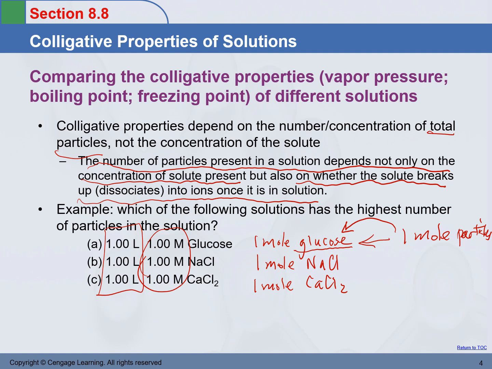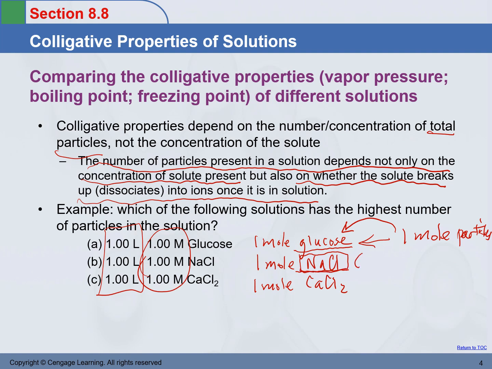In the case of sodium chloride, we might not have talked about that yet, but let's make this clear to you at this moment. Sodium chloride is an ionic compound. When an ionic compound is dissolved in water, it breaks into ions. Sodium chloride does not exist in solution as NaCl.